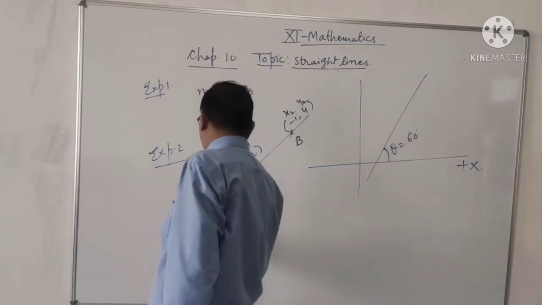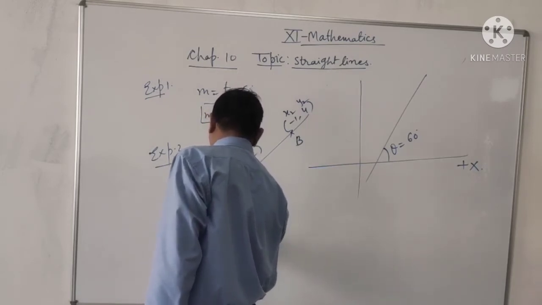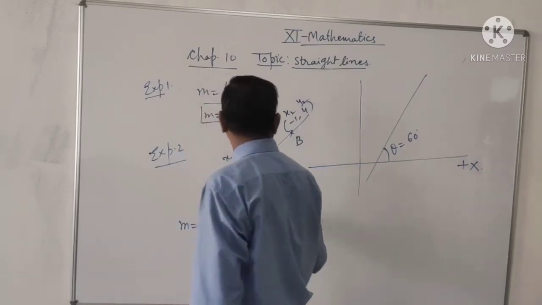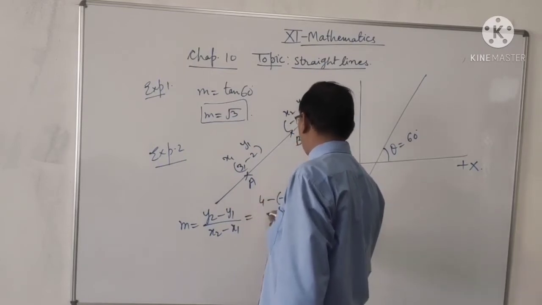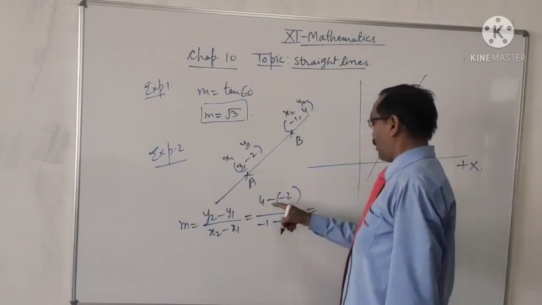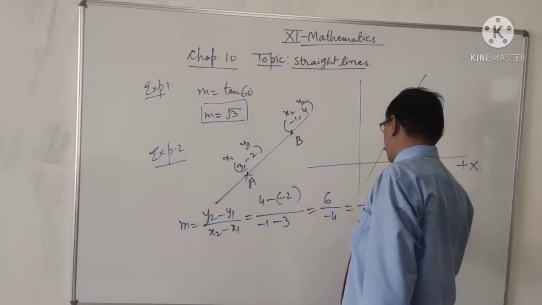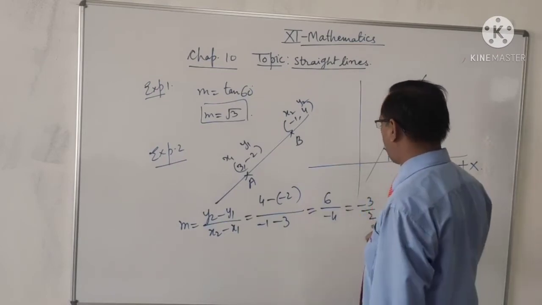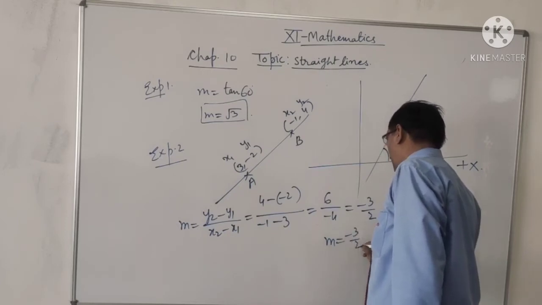So m equal to (y2 minus y1) upon (x2 minus x1). y2 is 4, y1 is minus 2, upon minus 1 minus 3. 4 plus 2 is 6, upon minus 4, it is minus 3 by 2. The slope of this line is m equal to minus 3 by 2.